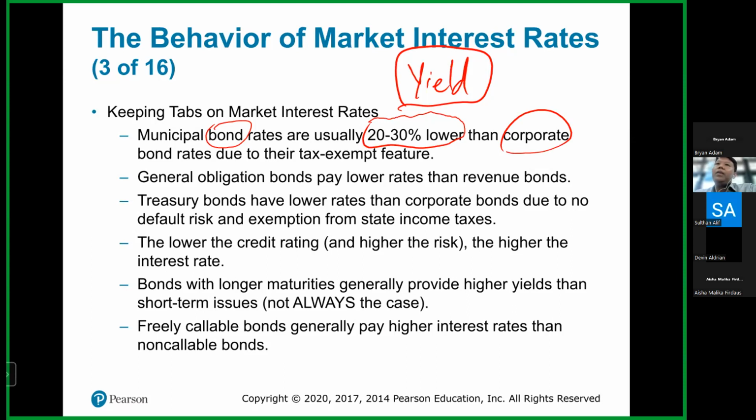So usually the yield of municipal bonds will be 20 to 30% lower than corporate bonds because of this feature. Okay. General obligation bonds pay lower rates than revenue bonds. Revenue bonds usually pay a higher interest rate than general obligation bonds.